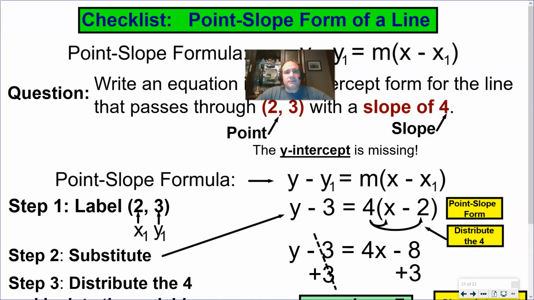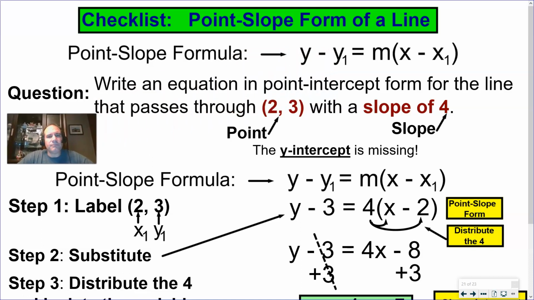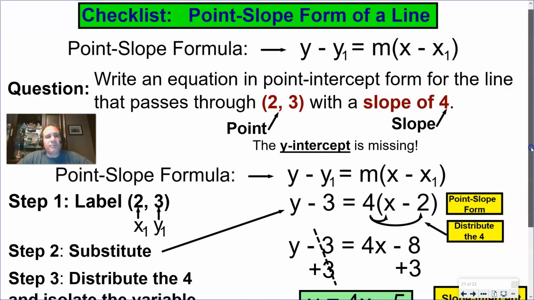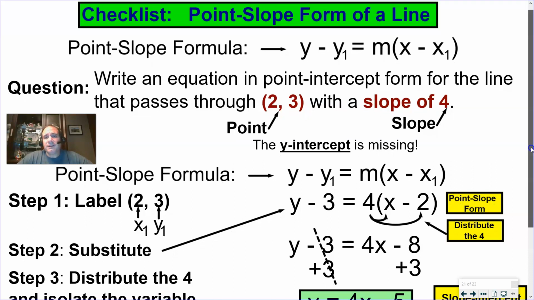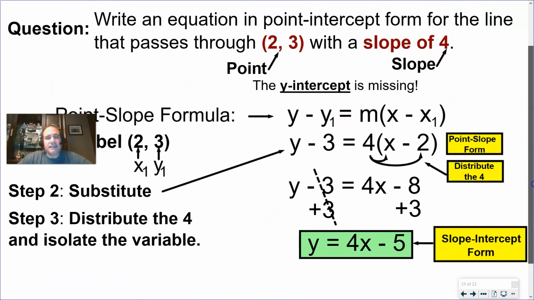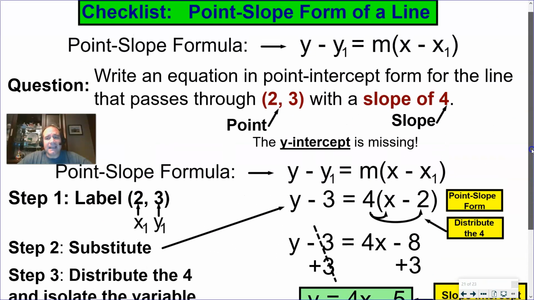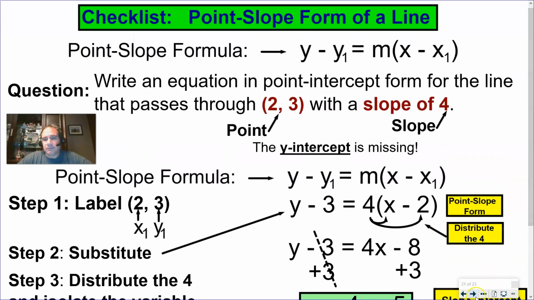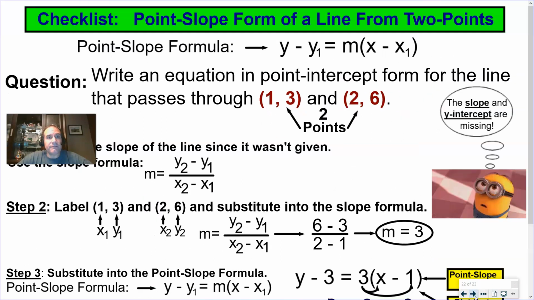The next part of this lesson is just a checklist for you. You'll probably see this on your page. This is the point slope formula used. We just wanted to make sure that you had everything that you needed here to look back at and work through this difficult lesson.